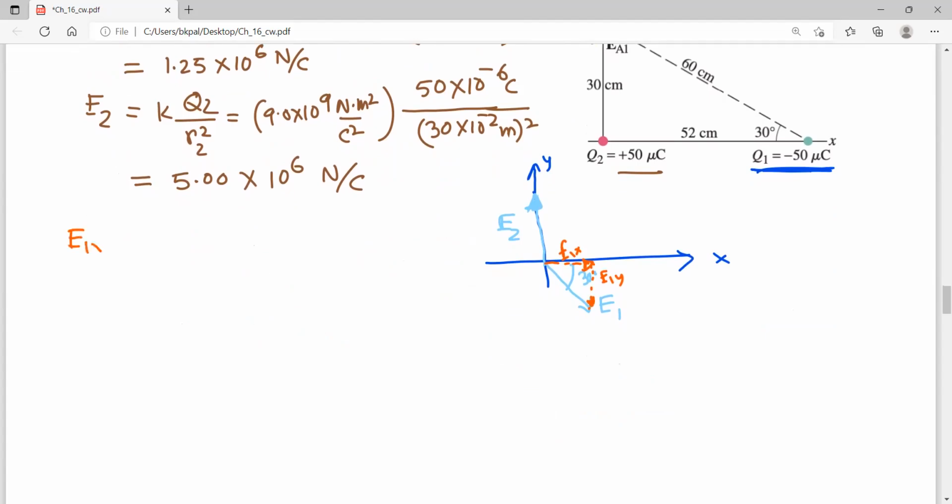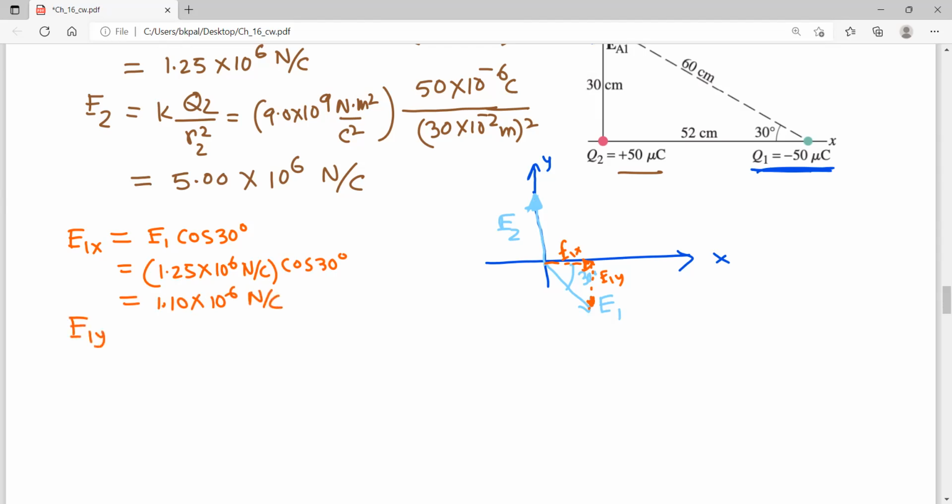E1x will be E1 cosine 30 degree, and E1 is 1.25 times 10 to the power 6 newton per coulomb, times cosine 30 degree, and this is equal to 1.10 times 10 to the power 6 newton per coulomb. Similarly, E1y will be E1 sine 30 degree.